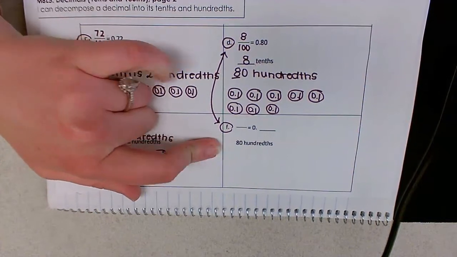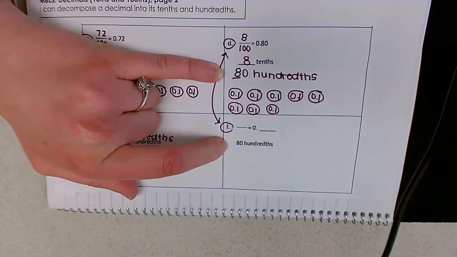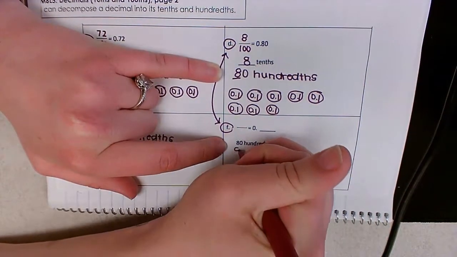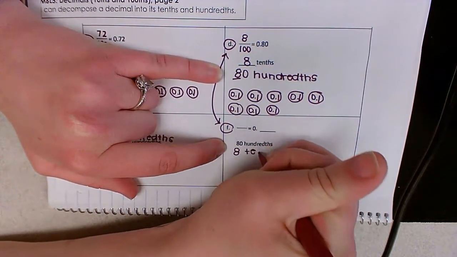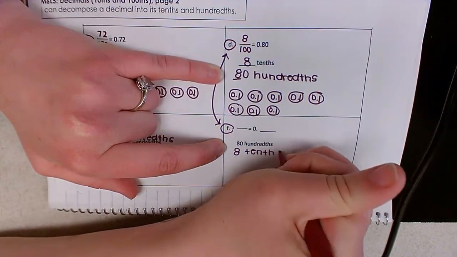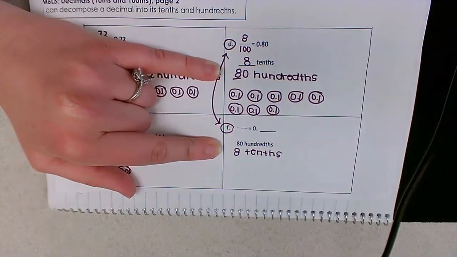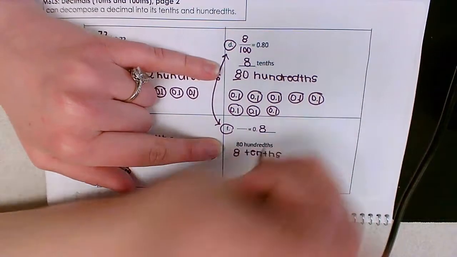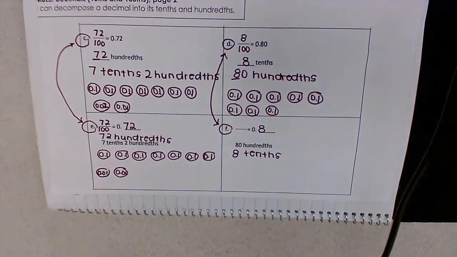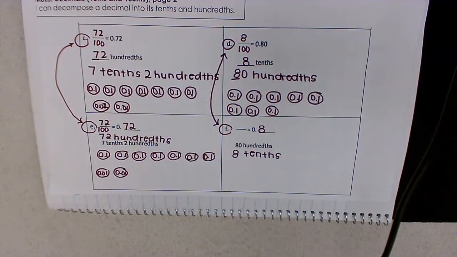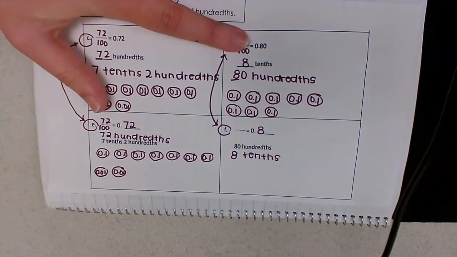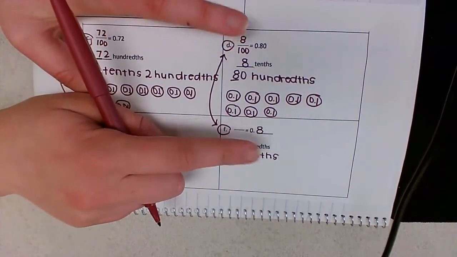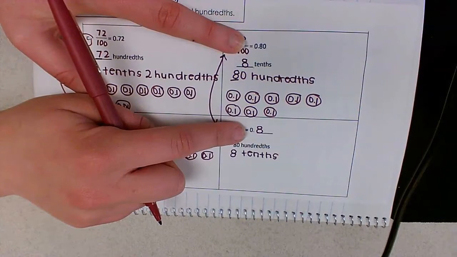80 hundredths, just like we had up here, is the same as having 8/10. If we have 0 and 8/10, I'm actually just going to leave it as this decimal here. That's the same as saying 0.80. They're the same decimal.